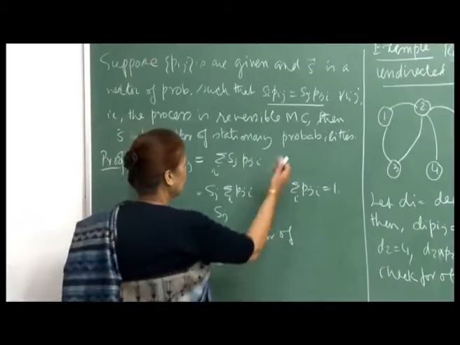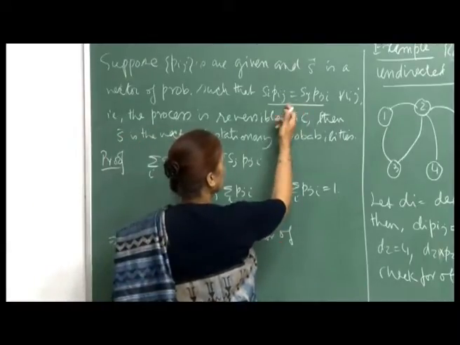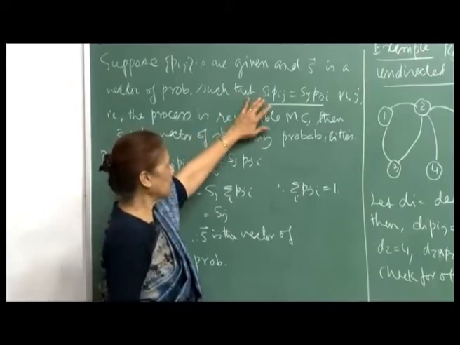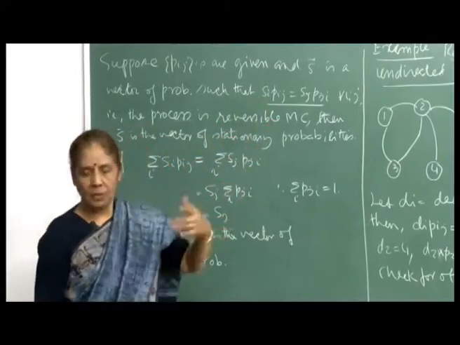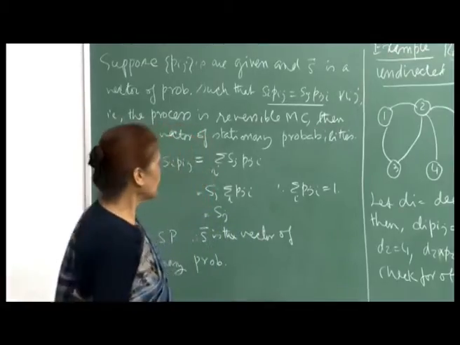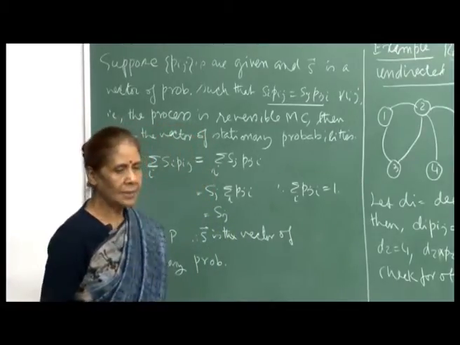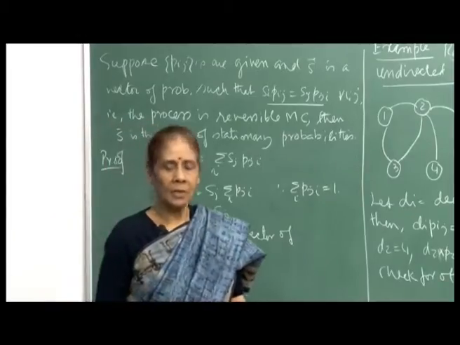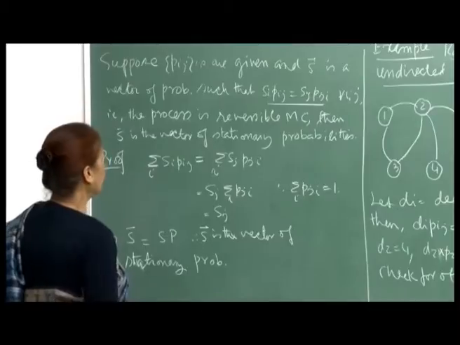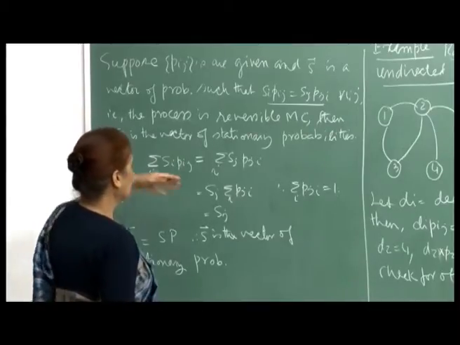So, in case you have a probability vector which satisfies the reversibility equations corresponding to the Pij's, which are your transition probabilities, then the Si's can be nothing else but the stationary state probabilities.